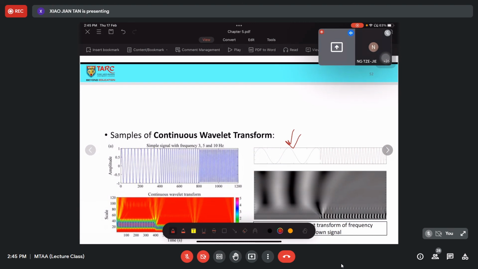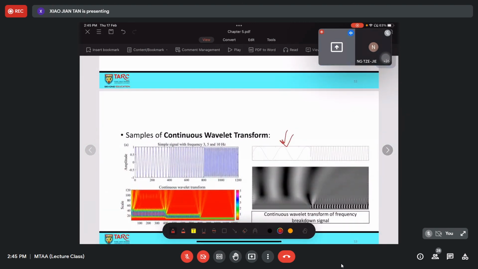So when you convert this into a black and white strip, you will find that the display is a bit different. You can't really describe what this is, but from the sine wave, you can actually tell that it suddenly changes here, at a particular point.